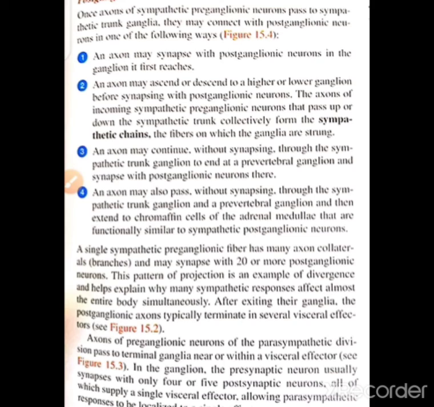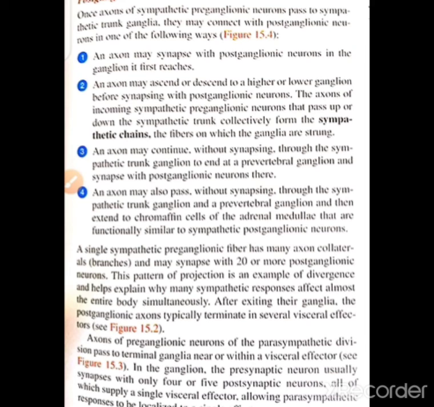Now, axons of the preganglionic neurons of the parasympathetic division pass to terminal ganglia near or within a visceral effector. In the ganglia, the presynaptic neuron usually synapses with only 4 or 5 postsynaptic neurons.